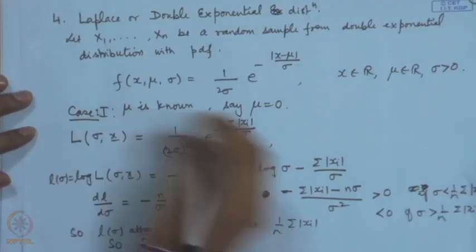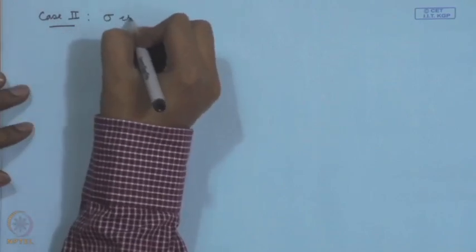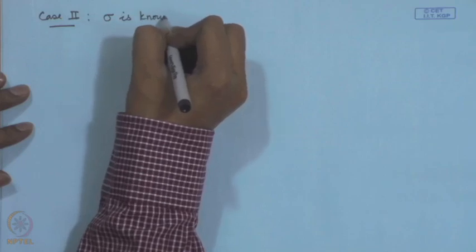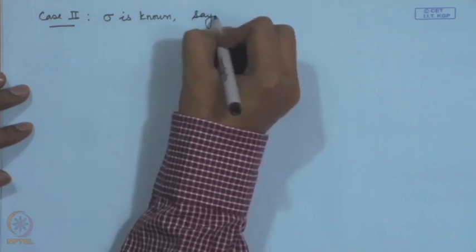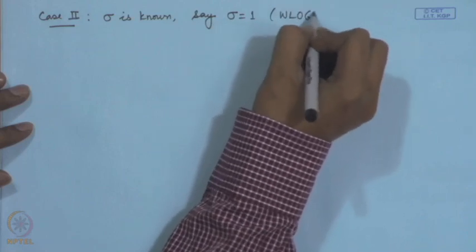Let us take the second case, when sigma is known. And once again, since sigma is a scale parameter, we may take it to be 1 without loss of generality.